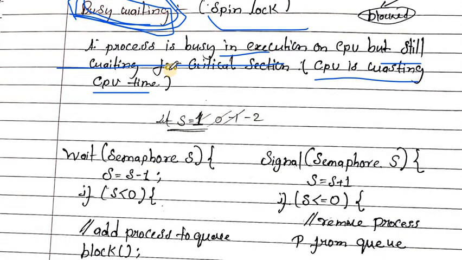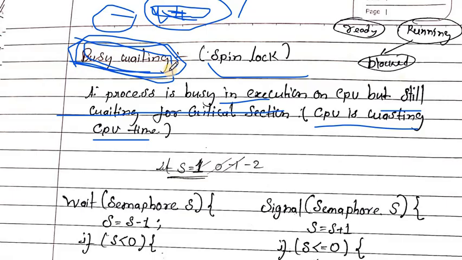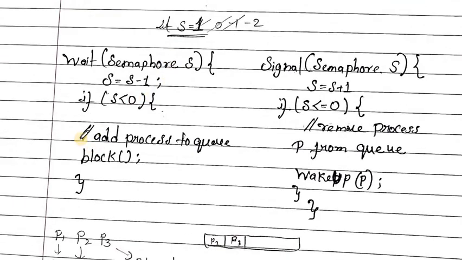To overcome this, we should have a solution to block the processes which are in the infinite loop, so they can't use the CPU computation time.